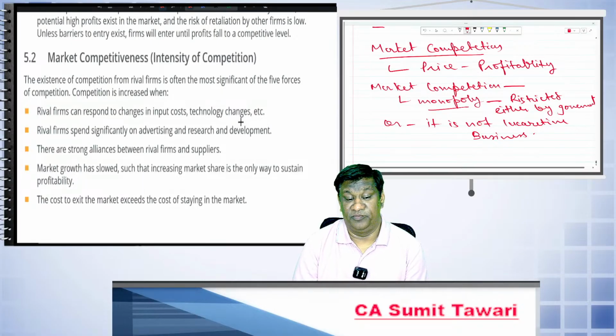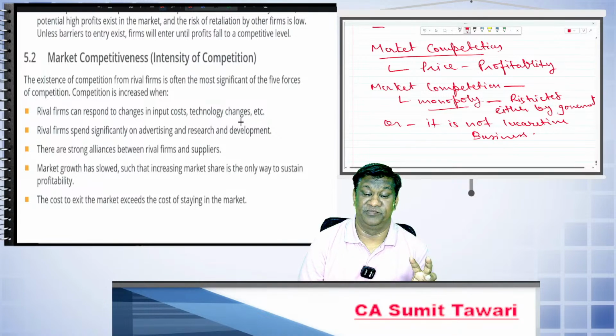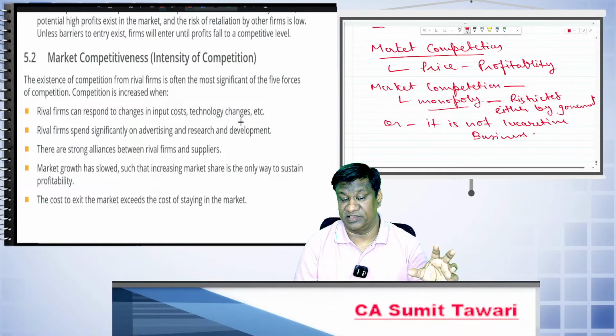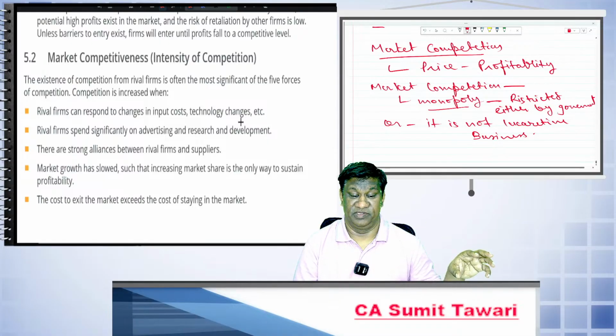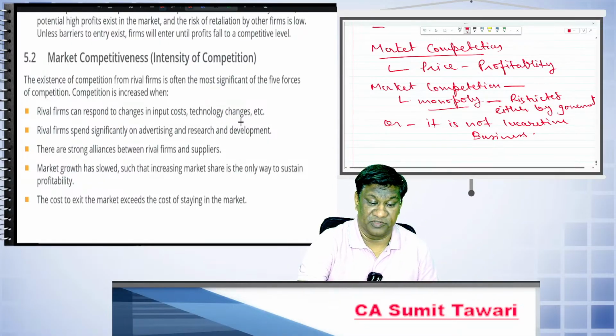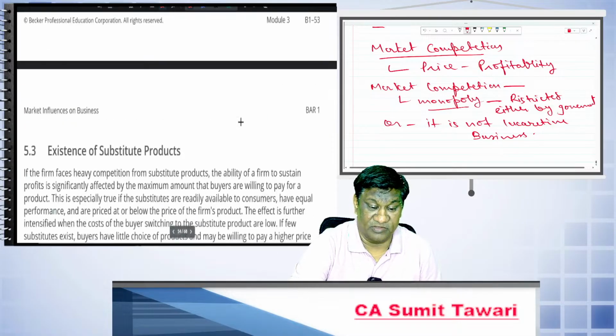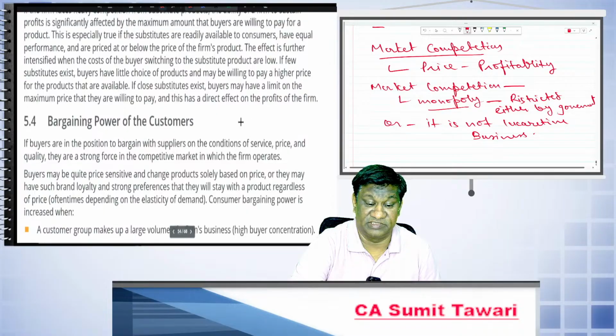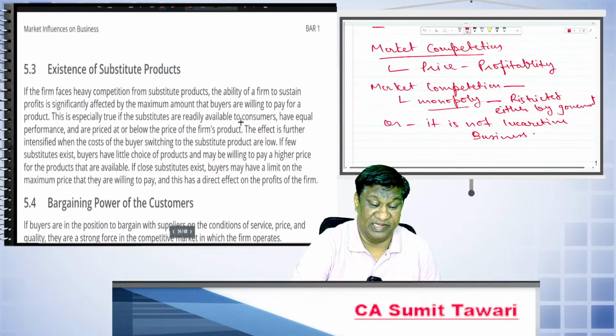So market competitiveness and the bargaining power of the customer we need to consider as a high level threat, because you cannot dictate the terms to the market or to the customer. You need to keep that in mind.